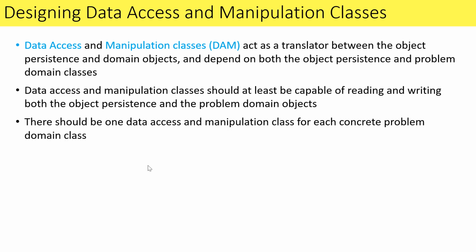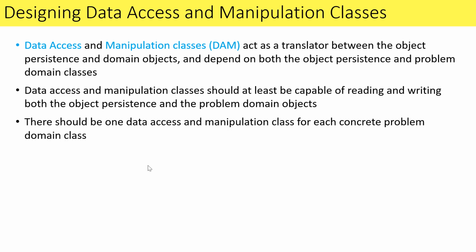Now, how do we actually create the data access and manipulation classes? What are they? These are basically intermediary classes, or translators, between the database management system and your objects in your software.